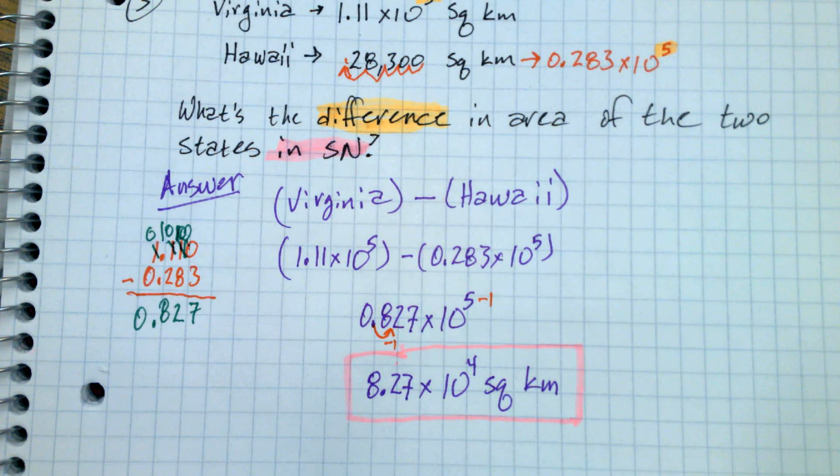Any questions? All right. So the assignment is on Delta Math, and it's basically taking a standard number, scientific notation number, and you're adding or subtracting it.